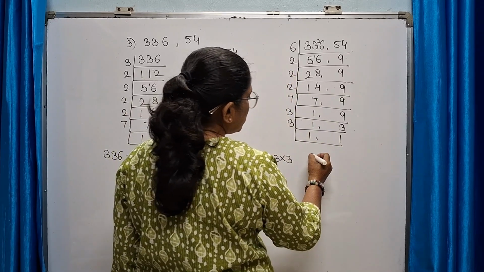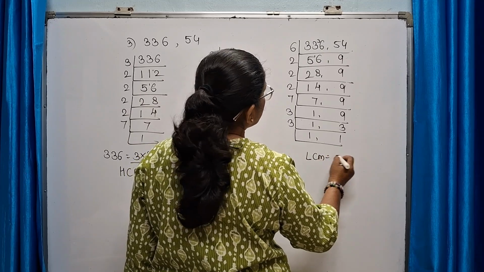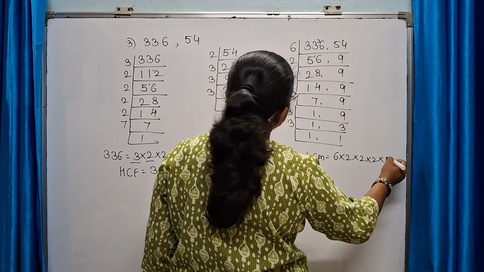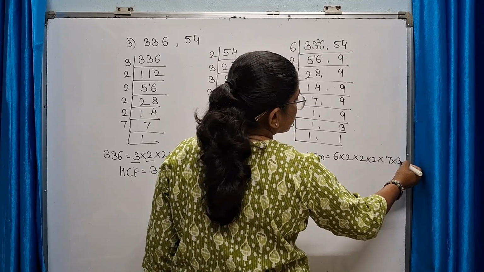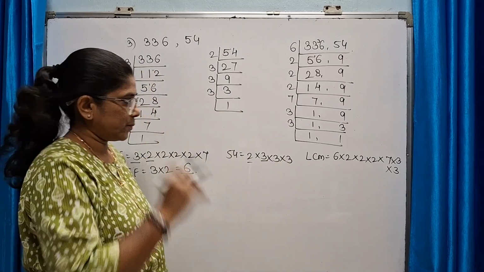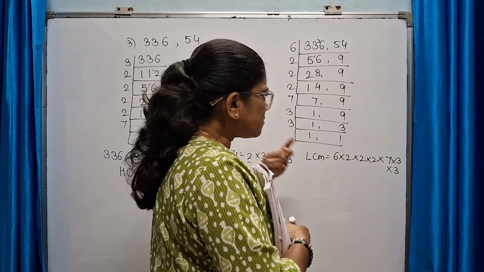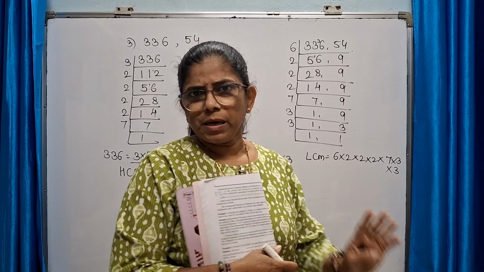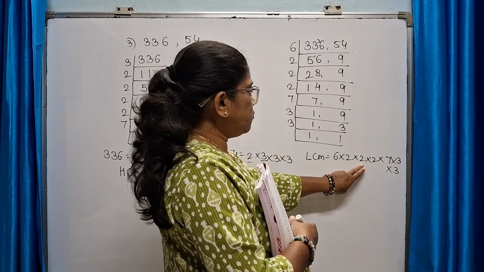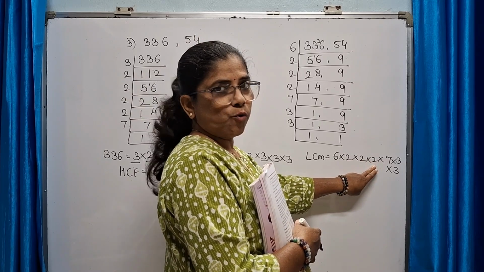Okay. Now for LCM, what we have to do? 6 into 2 into 2 into 2 into 7 into 3 into 3. So many numbers we have to multiply. Now here we will try our best to multiply maximum numbers at a time. Here 6 2s are 12, 12 2s are 24, 24 2s are 48.